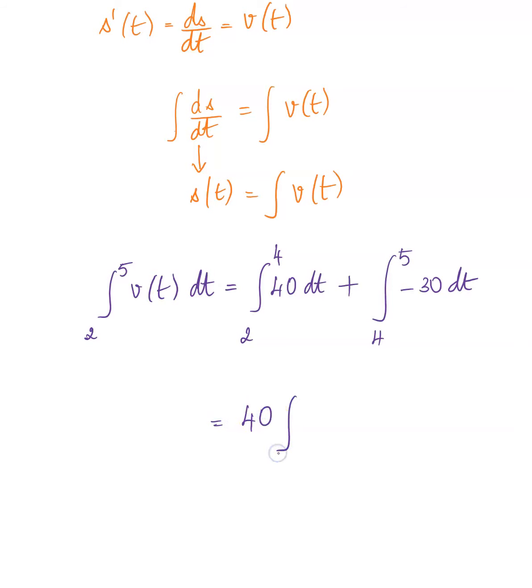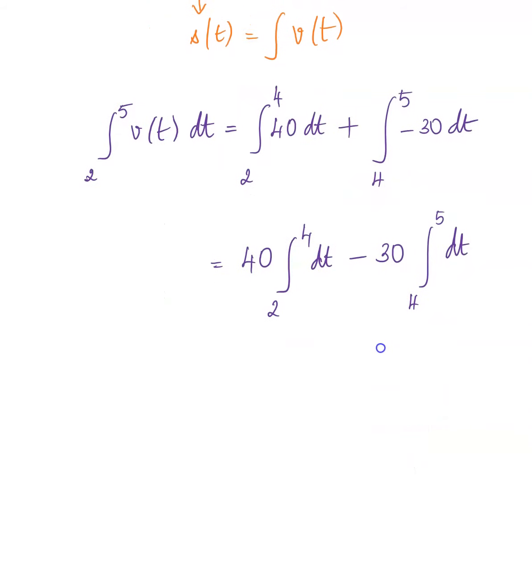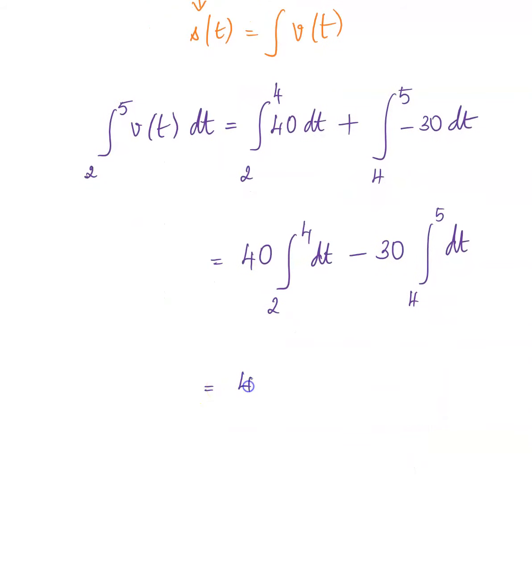So this is nothing but 40, pull out the constant, integral 2 to 4 dt minus 30 integral 4 to 5 dt. Integral of dt, you know, is t. So 40 times t with its limits of integration minus 30. Here again, it's going to be t with its limit of integration, which is 4 to 5.